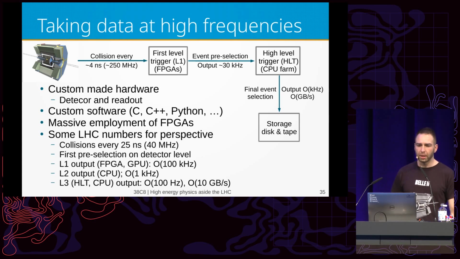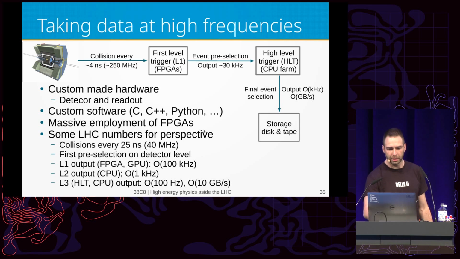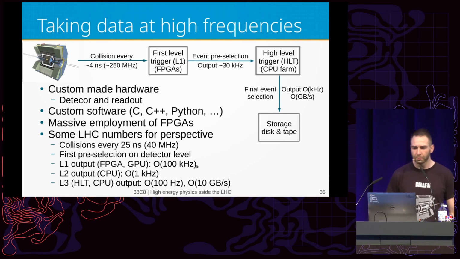To compare this with the LHC, there the collisions take place every 25 nanoseconds, so at 40 megahertz. Then there's the first pre-selection on the detector level, but the output of the level 1 trigger is still on the order of 100 kilohertz. So in the LHC we reduce the data from here to here by a factor of 400.